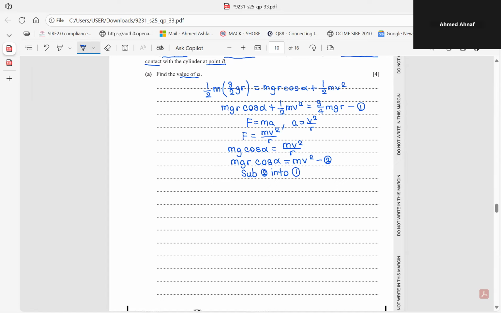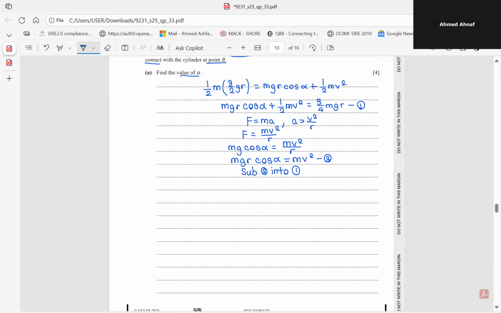Okay, right. So we will get mgr cosine alpha plus half mgr cosine alpha equals 3 over 4 mgr.